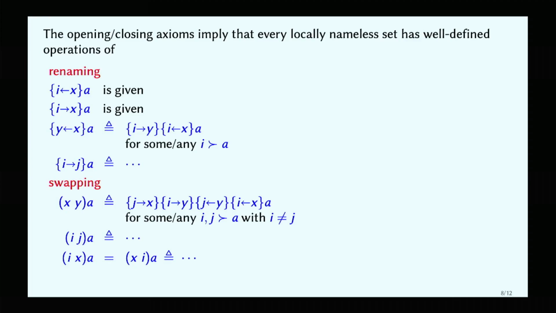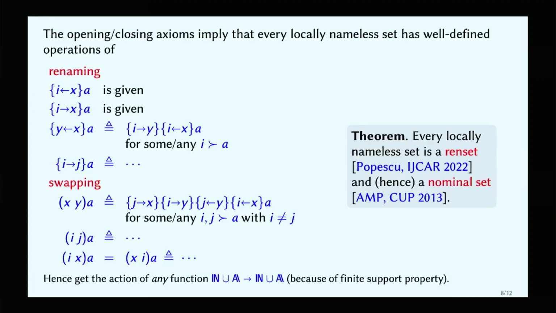So in fact, once you've got a locally nameless set, you get the action of any finite mapping of names or indices to names or indices on elements of the set. And because everything's finitely supported, actually you get an action of arbitrary functions, because an arbitrary function will only affect finitely many things because of the finite support property.